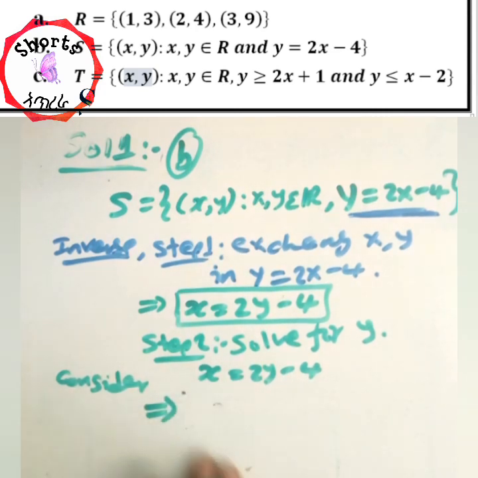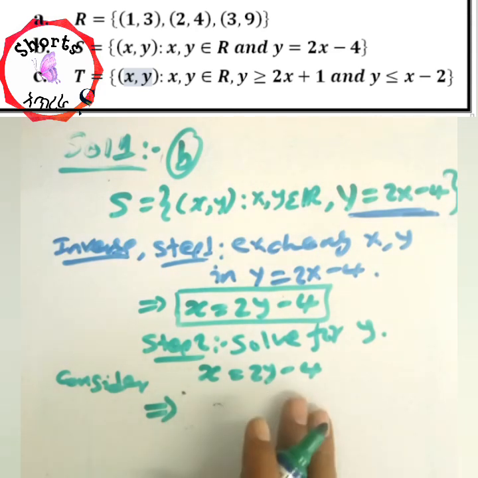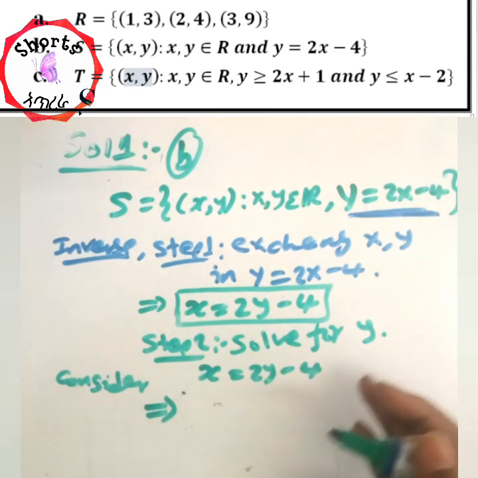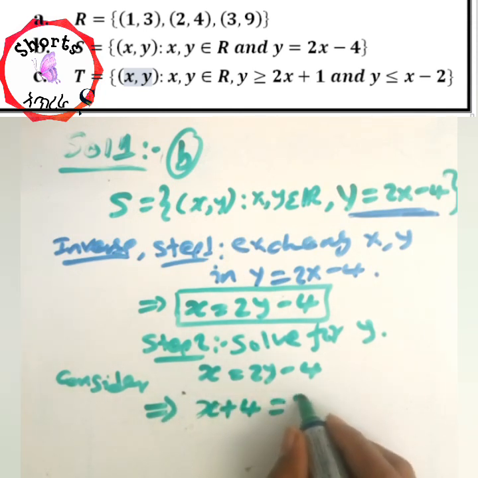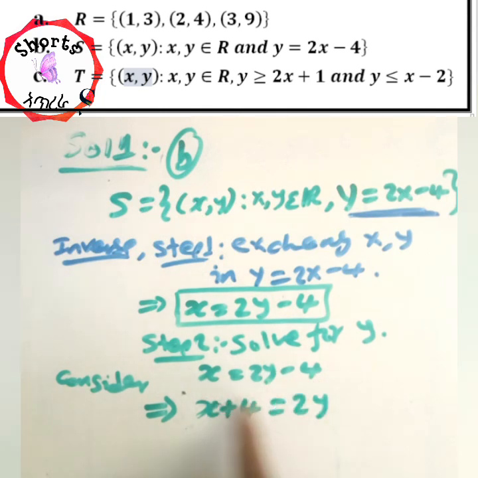To write this in terms of y, first let us add 4 to both sides. This implies x plus 4 is equal to 2y. Then dividing both sides by 2, we get y is equal to (x plus 4) over 2.